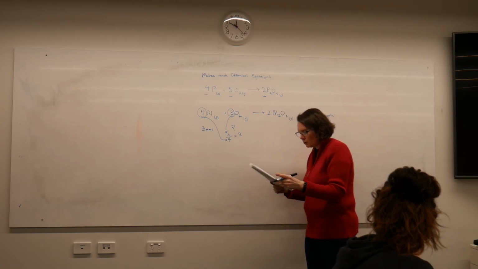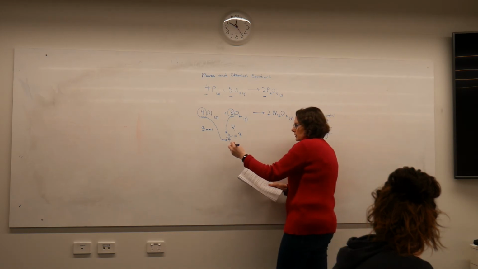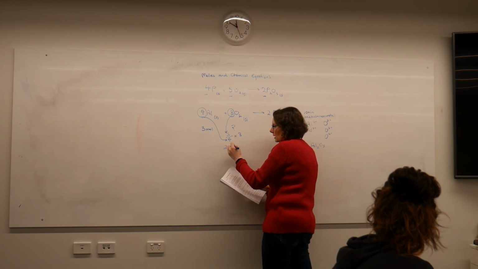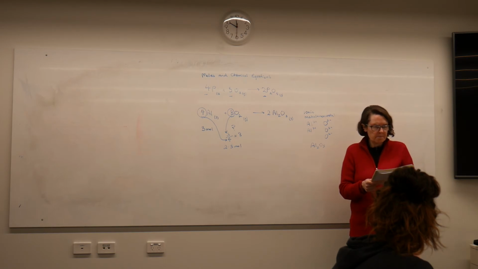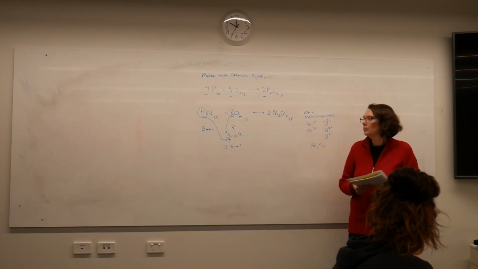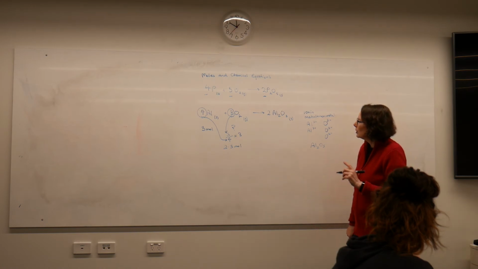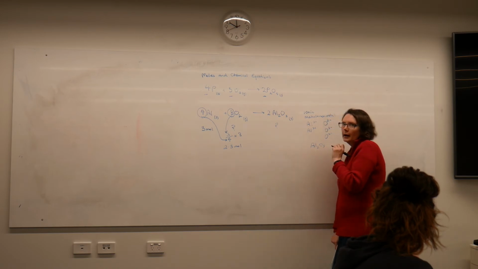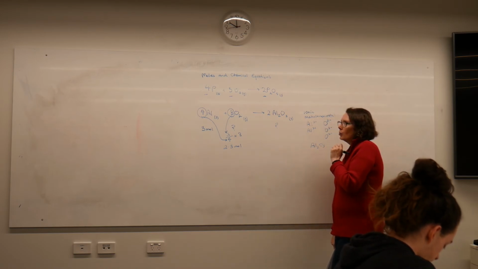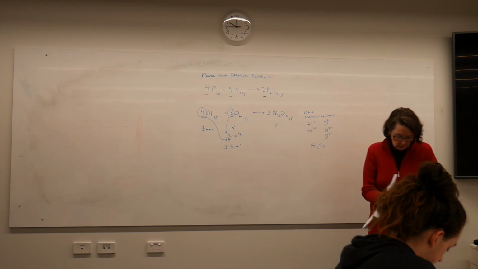So if we find 3/4 of 3, we'll see that that's 2.3 moles of oxygen gas required. Is that sort of okay? Anyone got any questions?